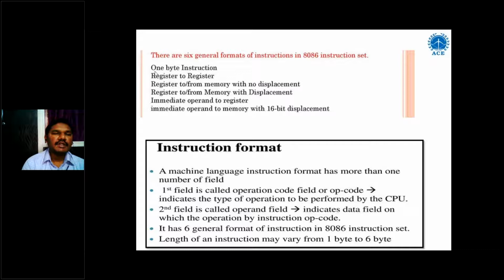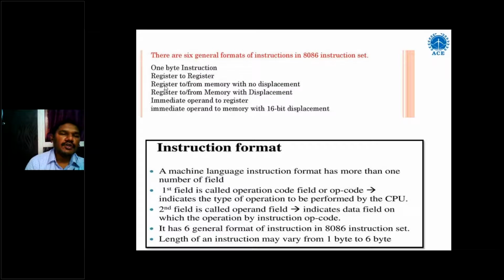So that command can be written as a 1 byte command, or the instructions can transfer data register to register, because 8086 internally has a register set. So how data can be moved from register to register, how the contents of these registers can be added or subtracted, is known as register to register instruction format.